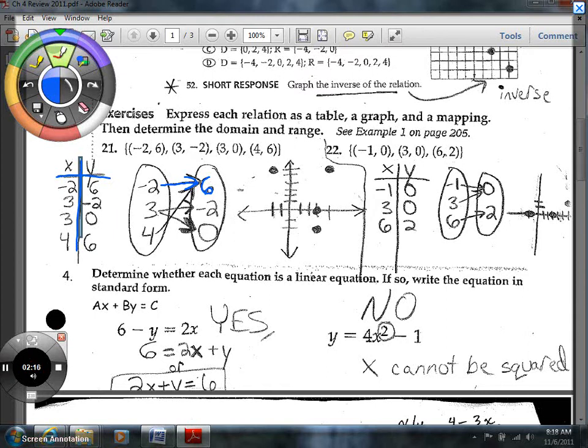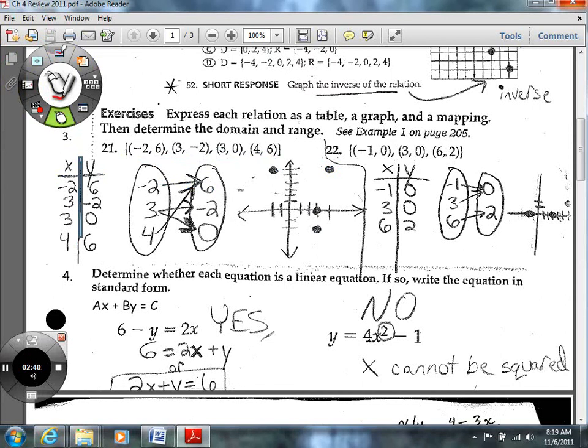And then graphing, we just plot the points. Negative 2 comma 6, 3, 0, 3, negative 2, and then 4, 6. It's that point right there. And then ordered pairs, that's the fourth way. So there's 4 ways to express a relation. And then 22 is exactly the same thing.